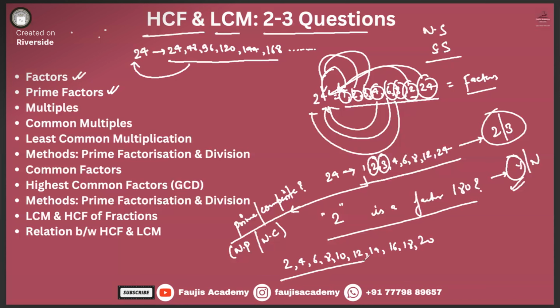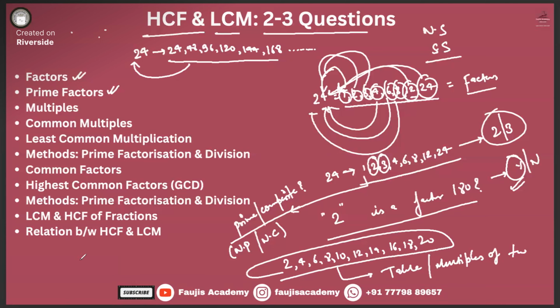That means nothing but multiples of 2. Initially it was only 2, and now it got multiplied to 4, then to 6, then increased to 8. So these numbers are your multiples.